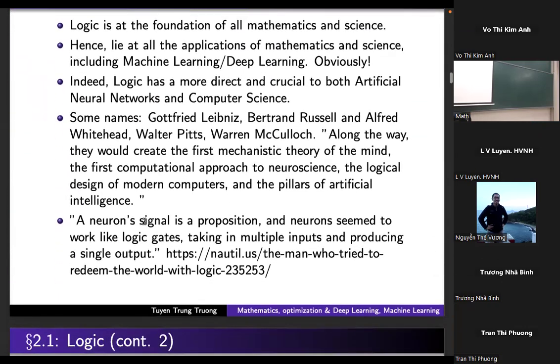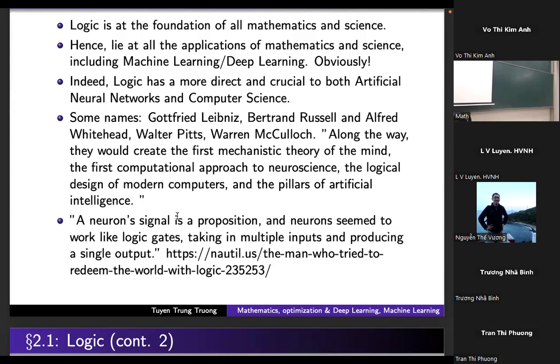McCulloch recognized that a neural signal is like a proposition, and neurons seem to work like logic gates, taking in multiple inputs and producing a single output.